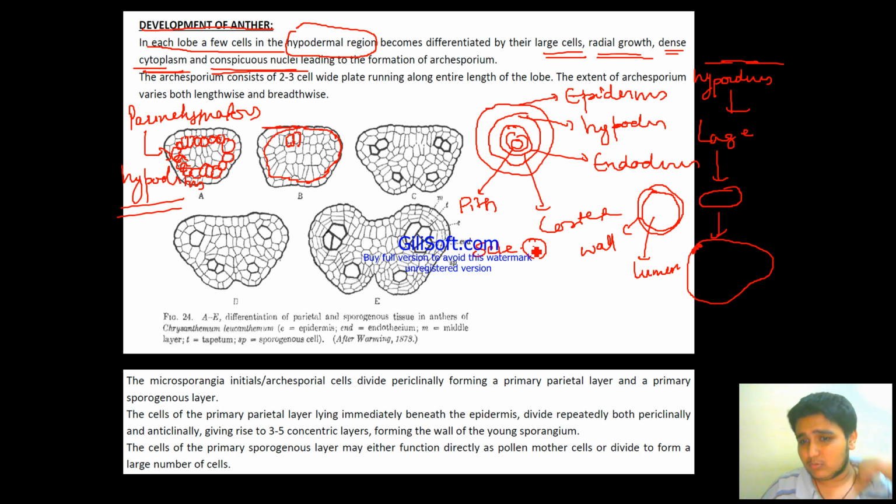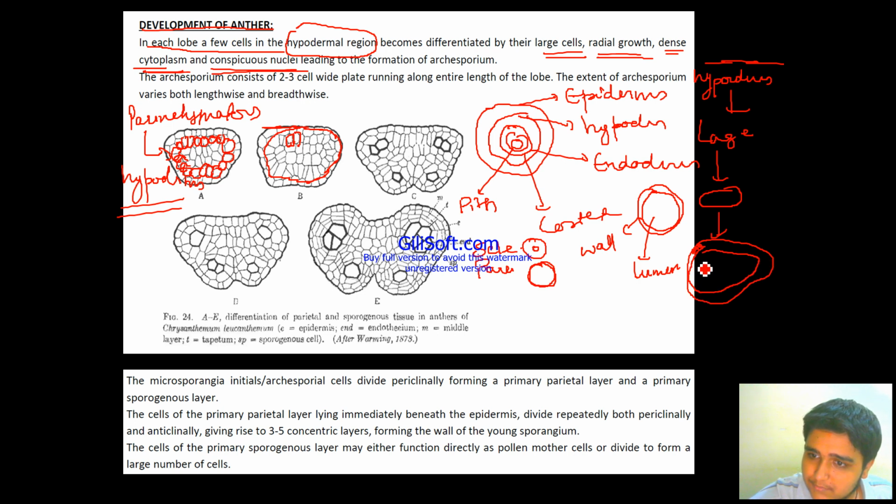Huge wall, very narrow lumen, so narrow that the cell cannot live any longer. It can't perform any metabolic functions. Whereas usual parenchymatous cells have a very large lumen. Why? Because the wall is extremely narrow. Huge lumen, very narrow wall. So we want such cells, which have a very huge, dense cytoplasm.